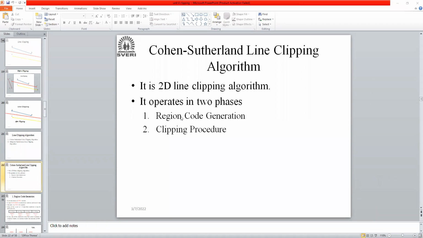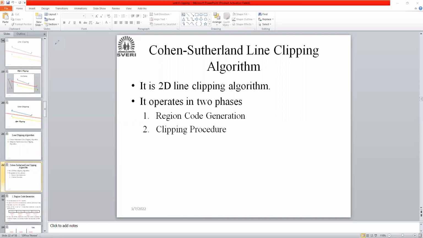So what is region code generation? Here the total screen, we are going to divide into a number of parts. The whole window is divided into 9 regions.